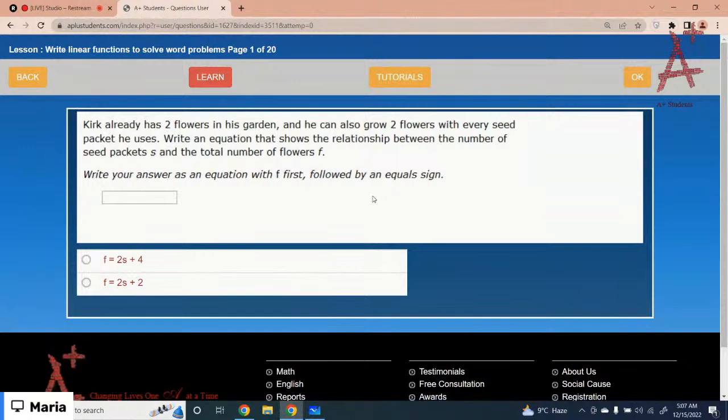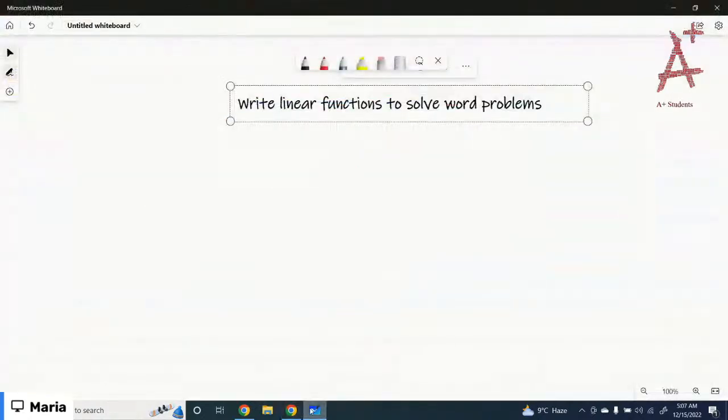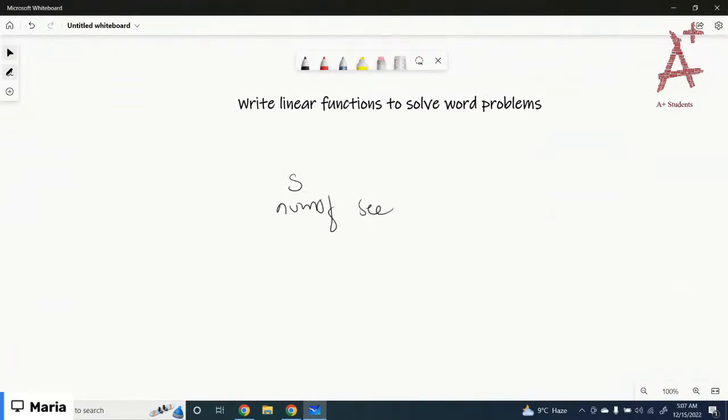You have to find the relationship between the number of seed packets and the number of flowers. Got it? So S is the number of seed packs, and F is the number of flowers he can grow.